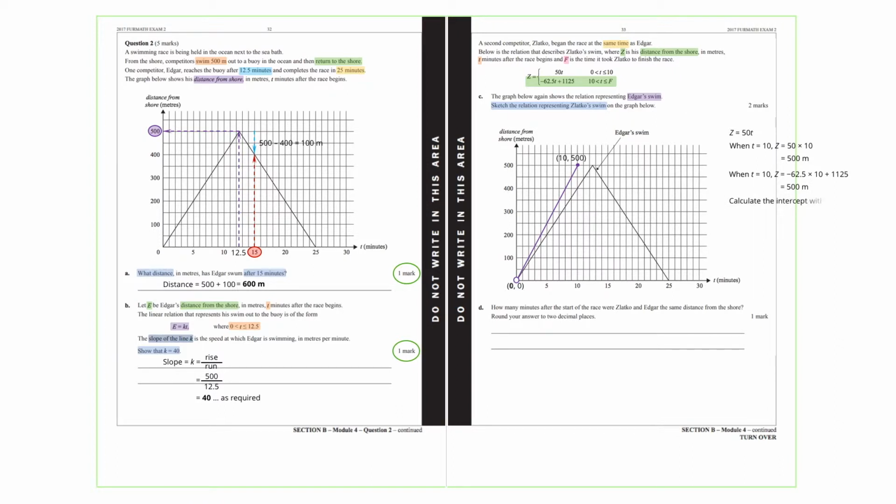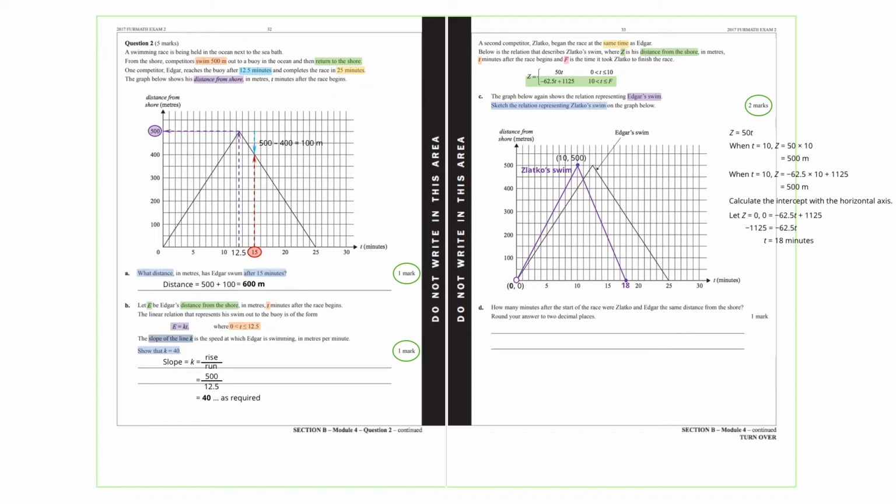So we let Z equals 0. 0 equals negative 62.5t plus 1125. We solve this equation for t, and t equals 18 minutes. So we have a second point, 18 and 0. And here is the second branch of this function. This question is worth 2 marks. Each mark would be for each correct branch.